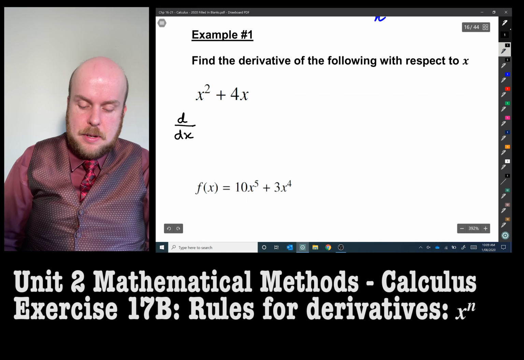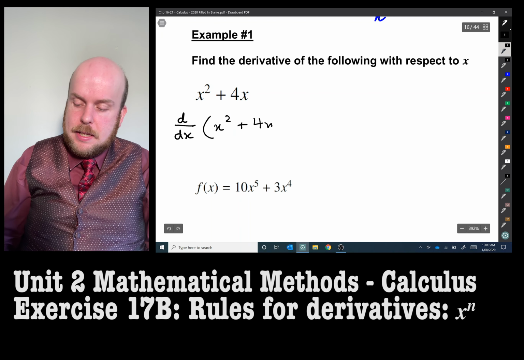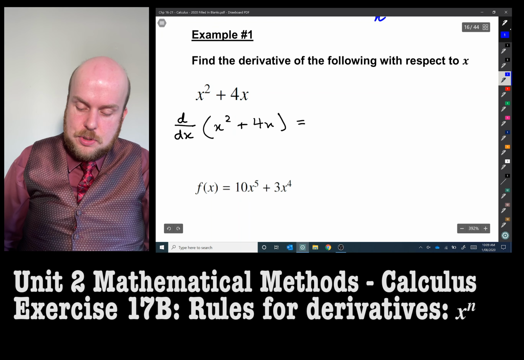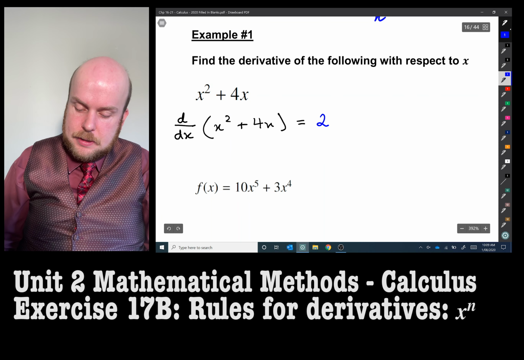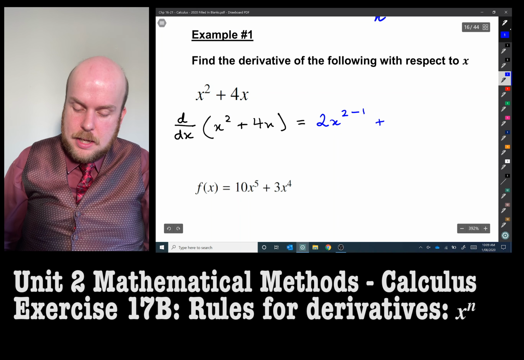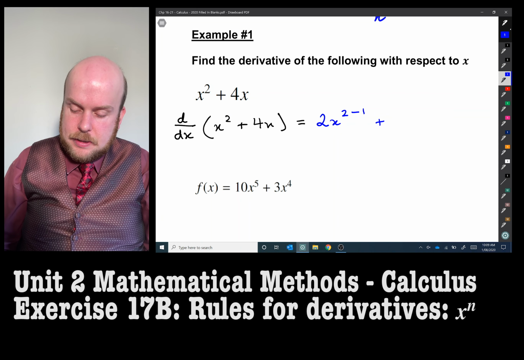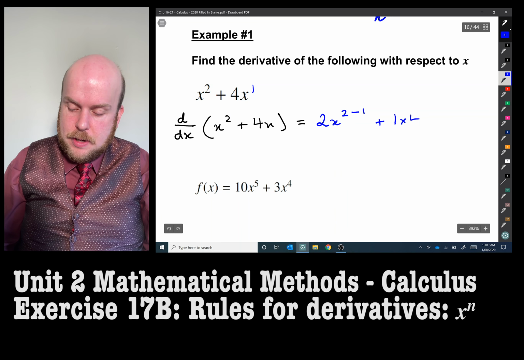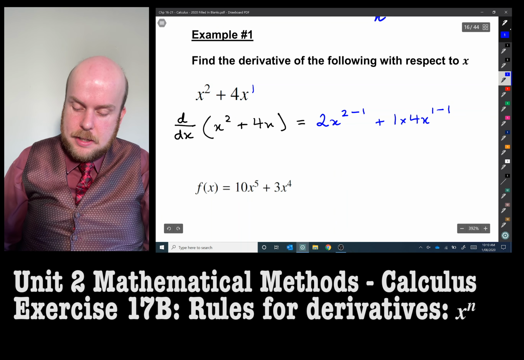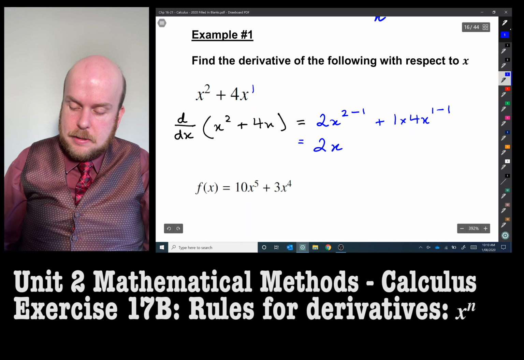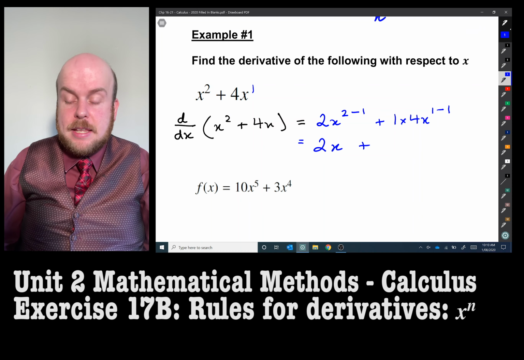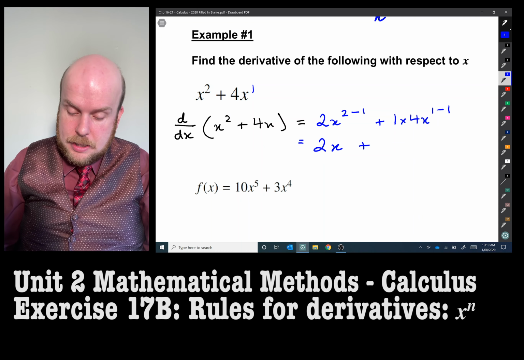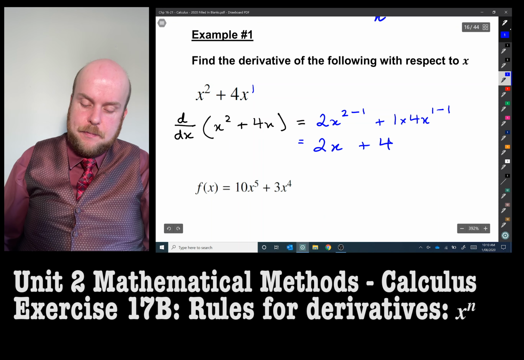Put brackets x squared plus 4x is equal to, so the 2 will come down, and then I'll minus 1 from the 2, and then 4x, so that's x to the power of 1. So that's 1 times 4x to the power of 1 take away 1, which will be 2x plus 1 times 4 times x to the power of 0. Anything to the power of 0 is equal to 1. So that's just going to be equal to 4.